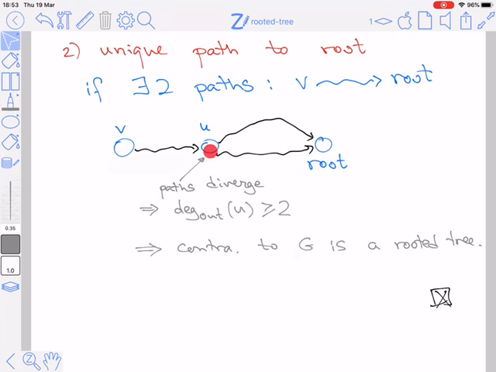Consider the first node U in which the two paths from V to the root diverge. Now, one path exits U through one edge, and the other path exits U through another edge. That means that the out degree of U is at least 2, and that contradicts our assumption that G is a rooted tree.